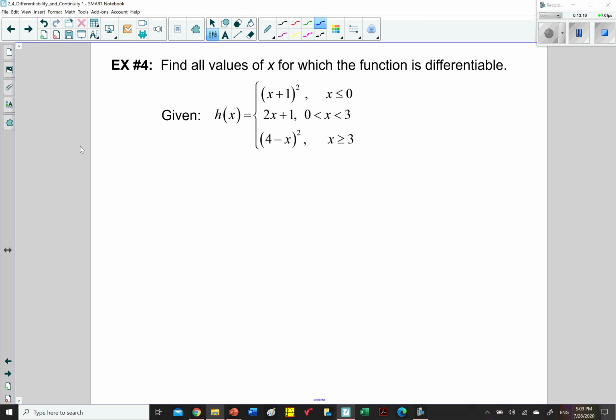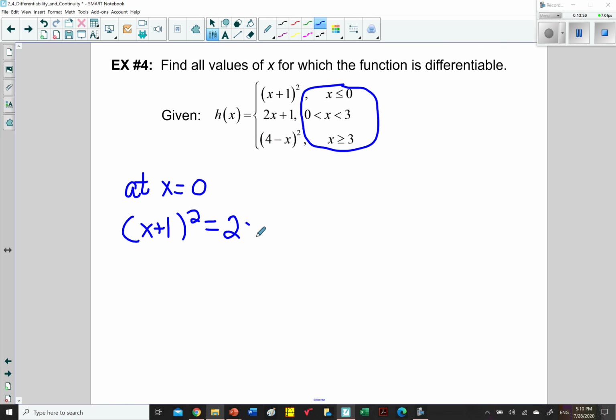In the next example, example 5, can you find the values of x where the function is differentiable? So you can tell where our problem areas are looking at the subdomains here. At 0, we've got x plus 1 squared has to be equal to 2x plus 1.